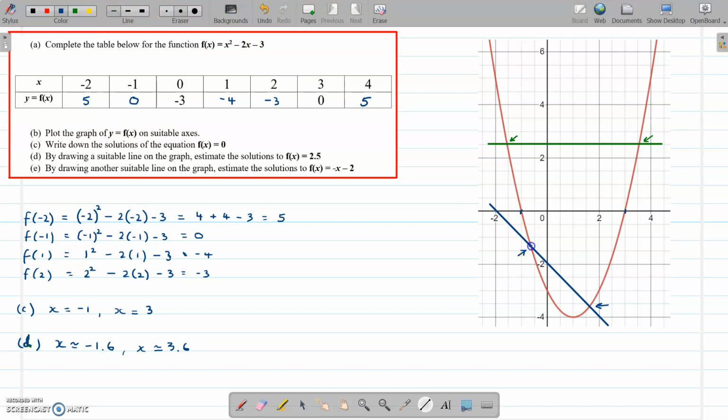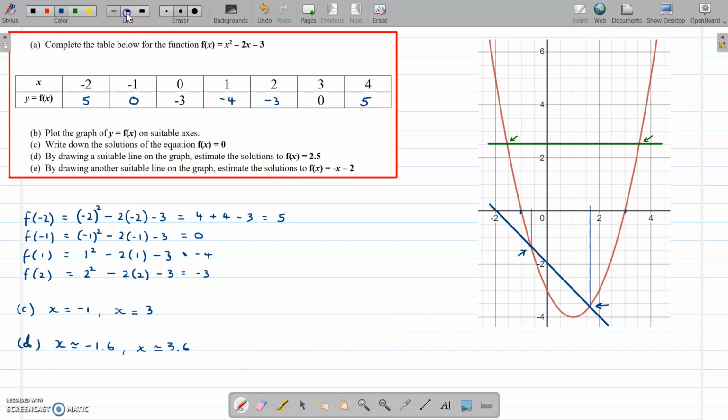So if I went up from there to the x-axis, see where that's crossing, it looks like about negative 0.6, and this one here looks like about, well, that's 1, 1.6, 1.7. So it's probably about 1.6 or 1.7. So 1.6 and negative 0.6.